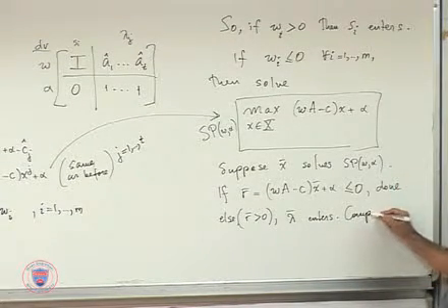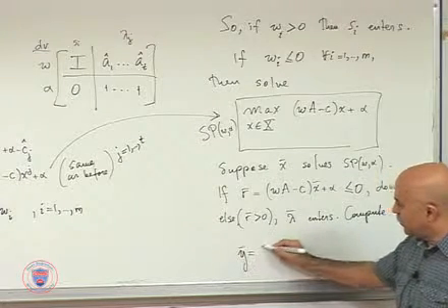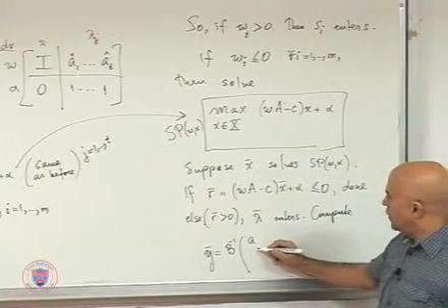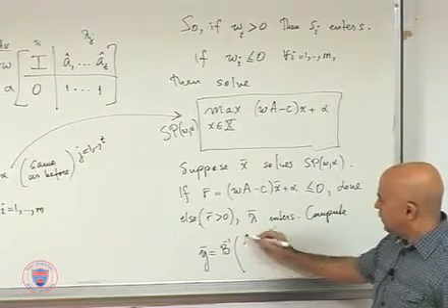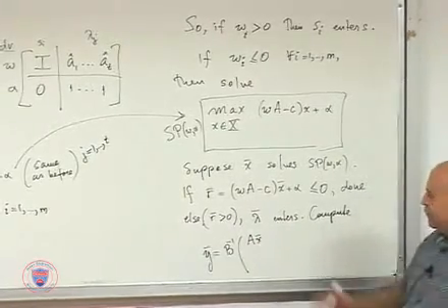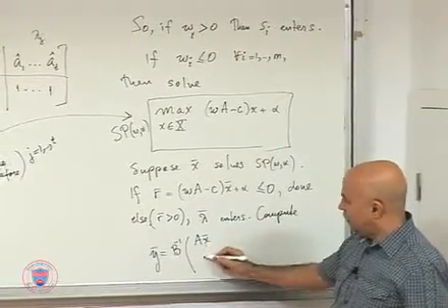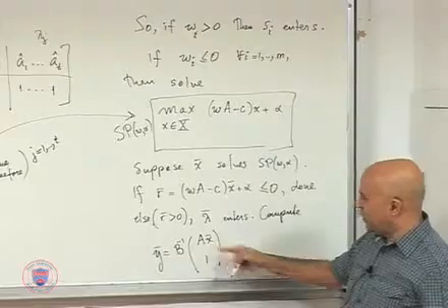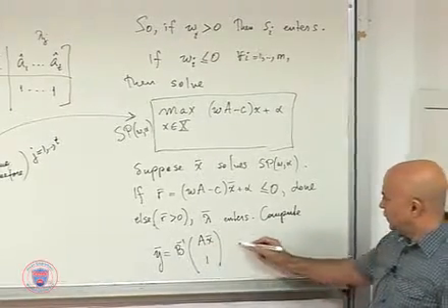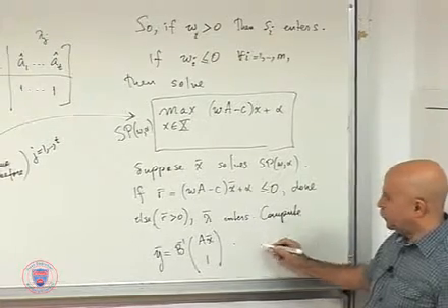So before doing anything else, you need to compute the appropriate y vector, which is your B inverse times the column associated with that extreme point, A times X bar.